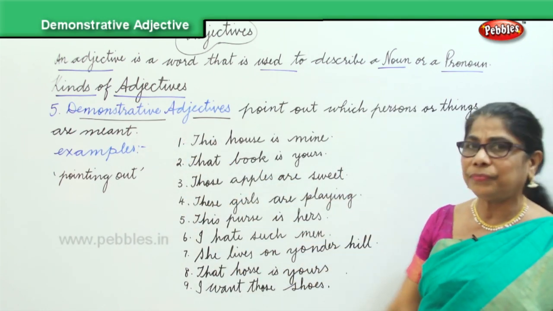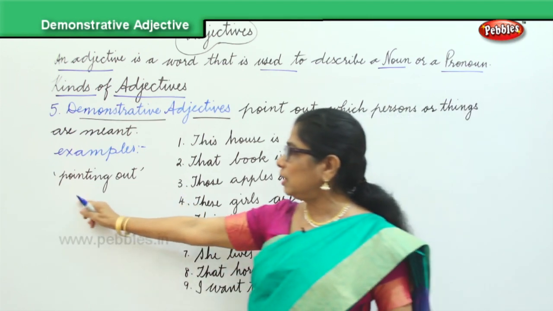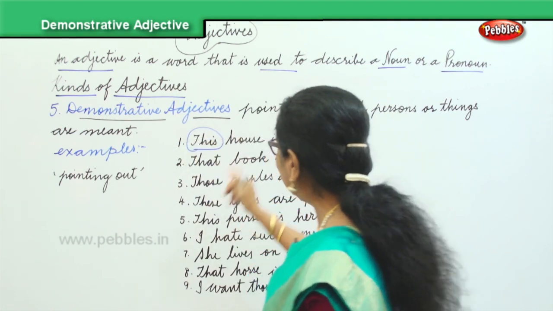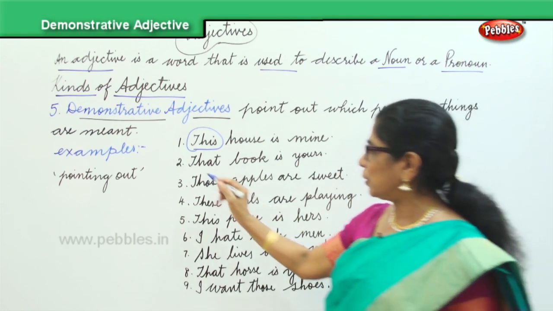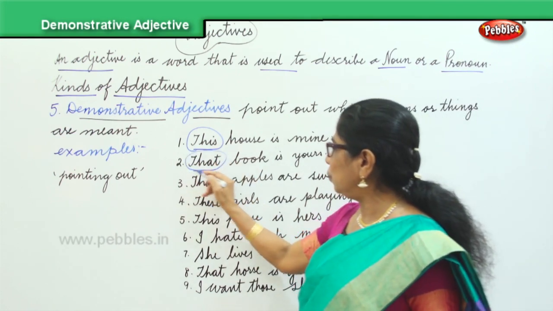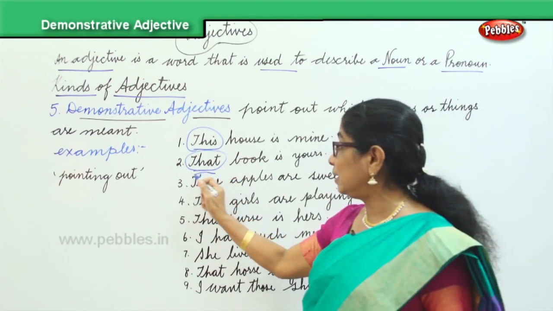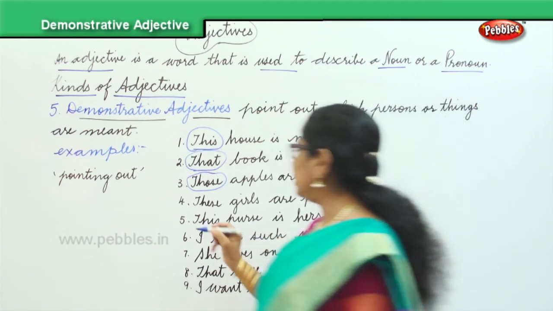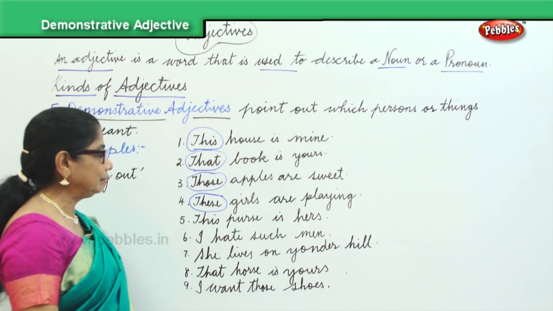Let's look at the sentences to understand and find out which is the demonstrative adjective. This house is mine. So we are pointing out this house. This one, not that one. That book is yours. Those apples are sweet. These girls are playing.